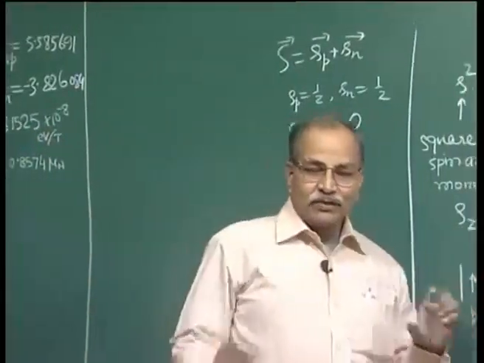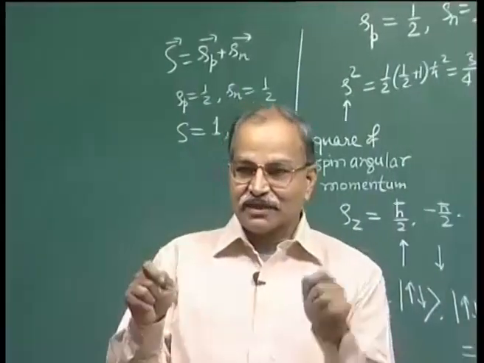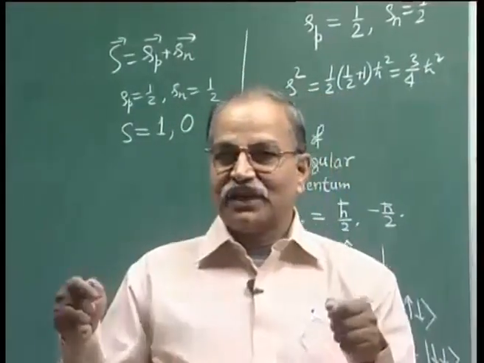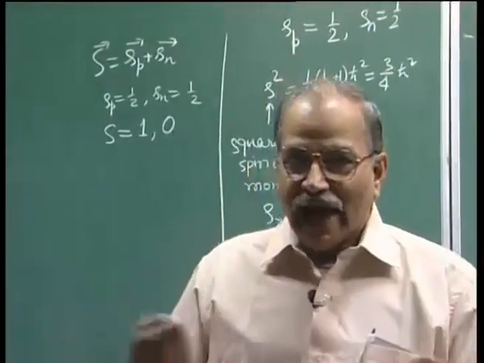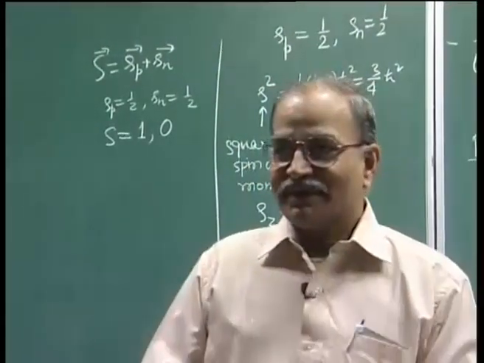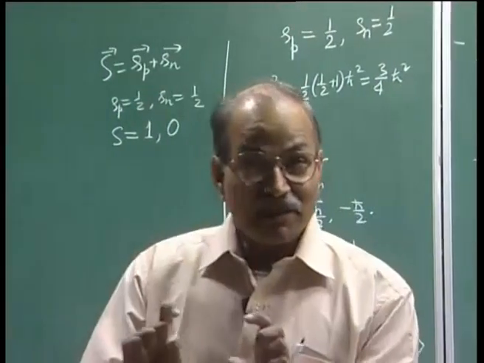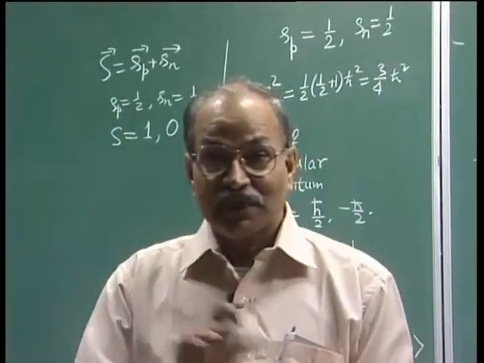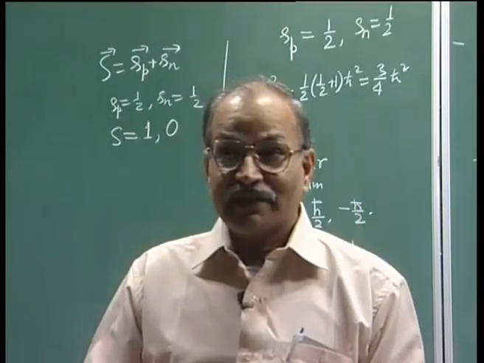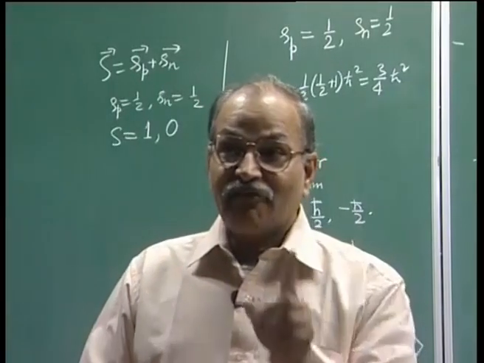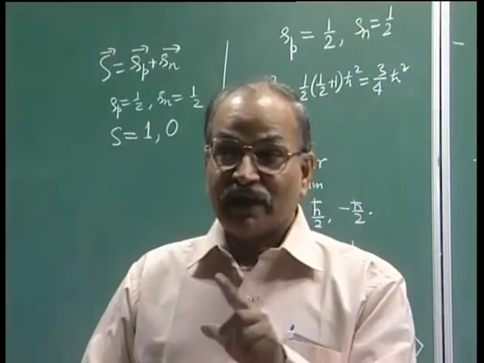Two angular momenta, S1 equal to half, S2 equal to half. If they are coupling to produce a final angular momentum, S1 plus S2, that final thing can be either half plus half or half minus half.